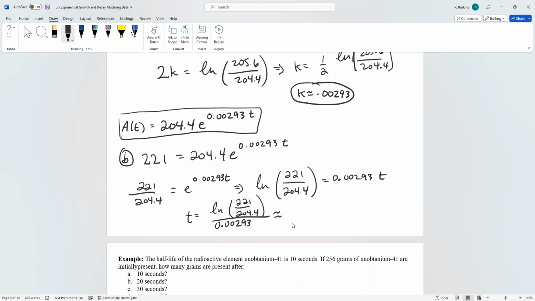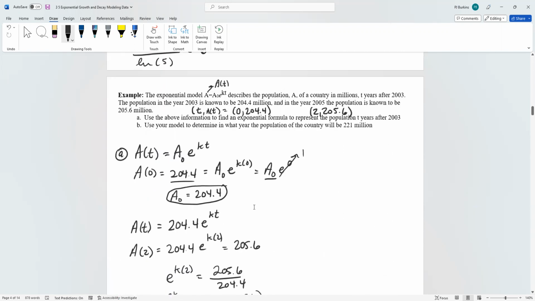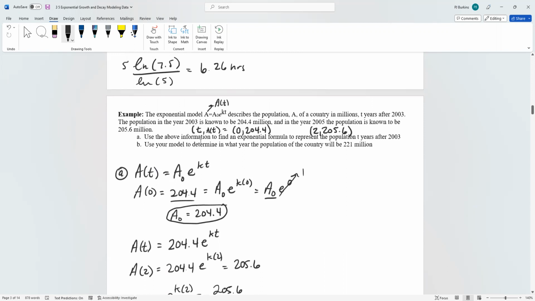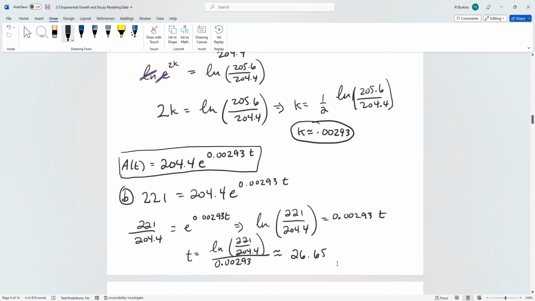Looks like we get 26 point, let's say 65. Now, what does that represent? So it says how many years, right? And what year? T is in years. Will it be 221 million? Well, it takes 26.65 years, but it wants to know what is the year.